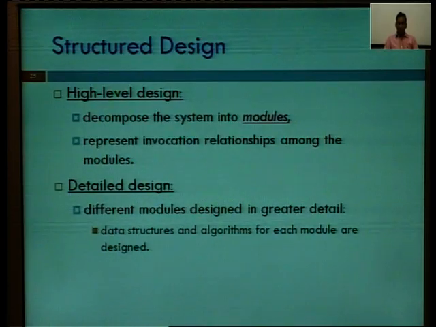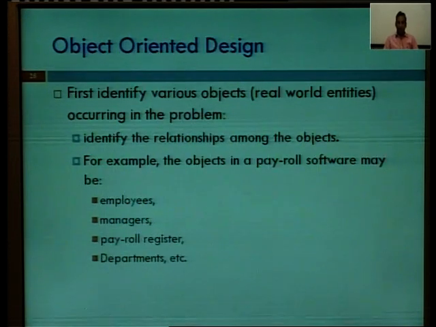Cohesion is the relationship between functions regarding functional strength and interrelationship within a module. In the detailed design, the different modules are designed in greater detail. The data structure and algorithm for each module are also required to be specified in the detailed design.